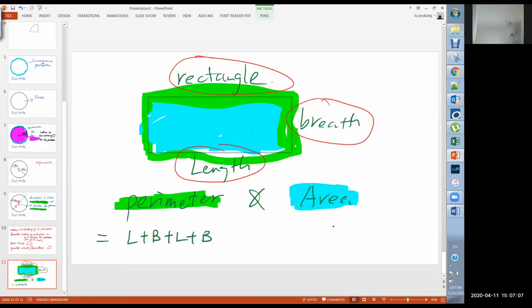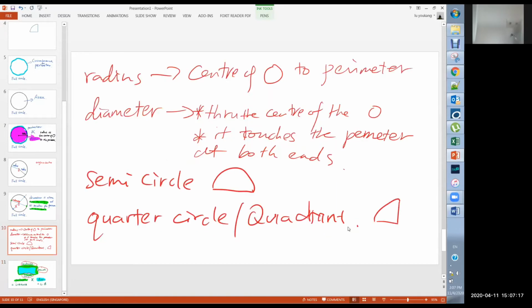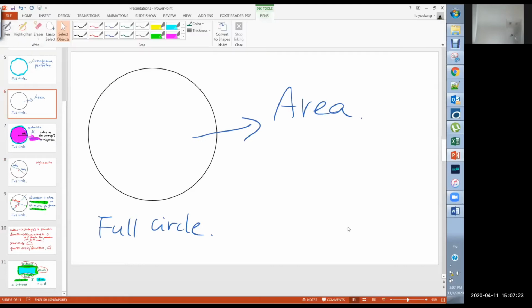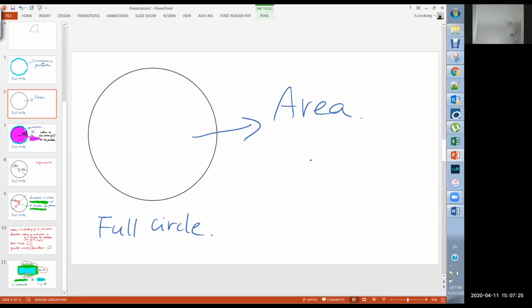Then what about area? Very good. So that means there are formulas for rectangles. Similarly, there will be formulas for circles. So what is the formula for the area of a circle? Pi r squared. What is the r?